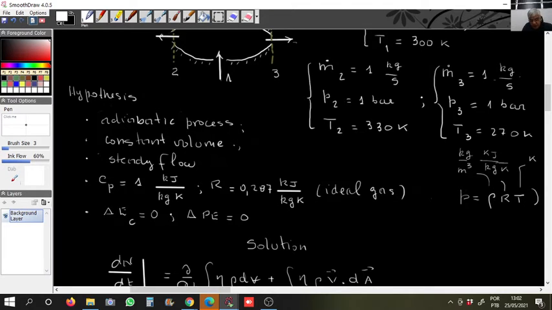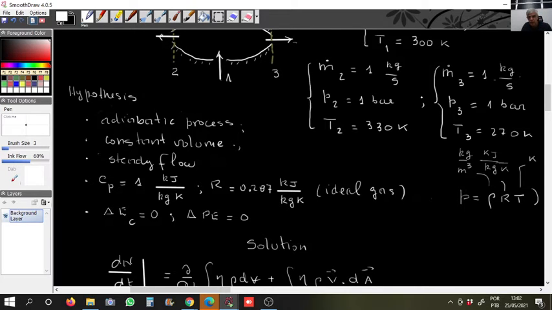The specific heat Cp is 1 kilojoule per kilogram Kelvin, and the universal constant for an ideal gas, R, is 0.287 kilojoules per kilogram Kelvin, the same unit as Cp.